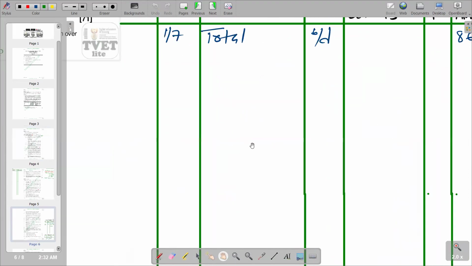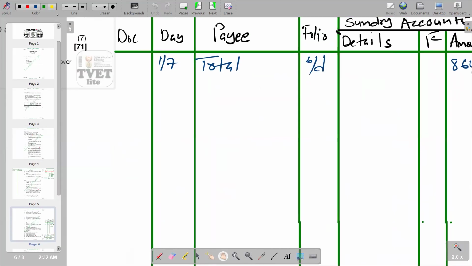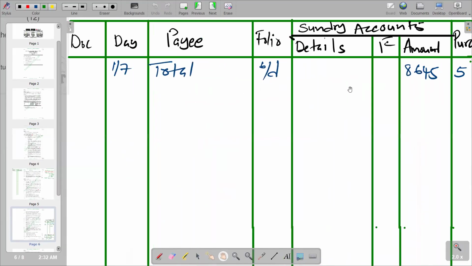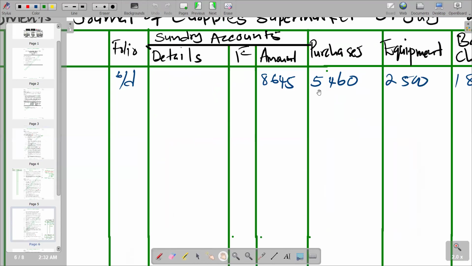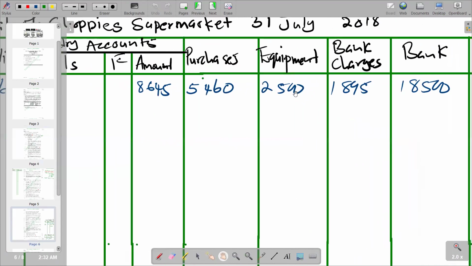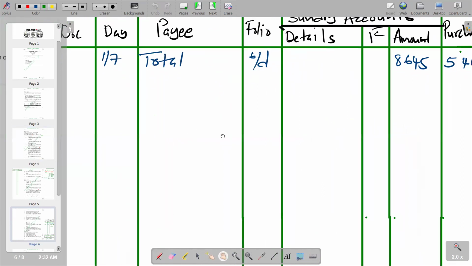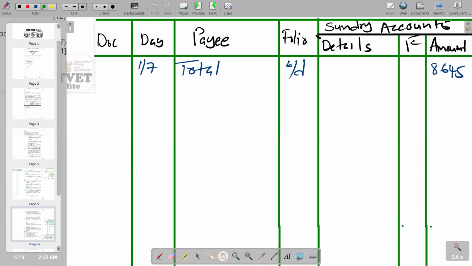So we are here. Remember, in terms of our opening balances, they are pre-entered. These are the opening balances that we have in our cash payment journal. And then here on the date column, we are saying the end of the period, 31/7.